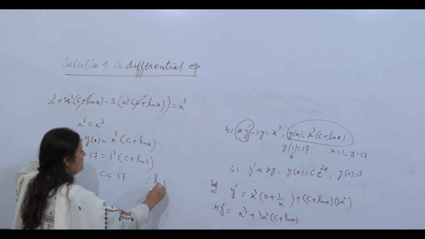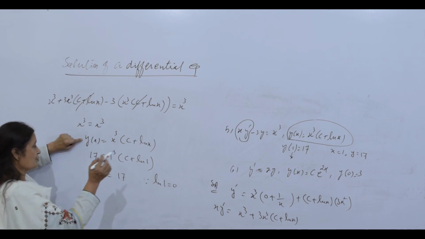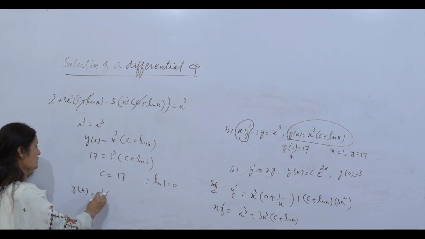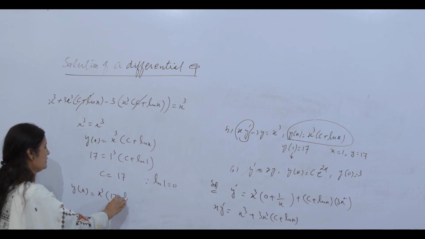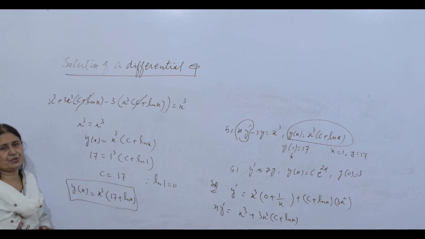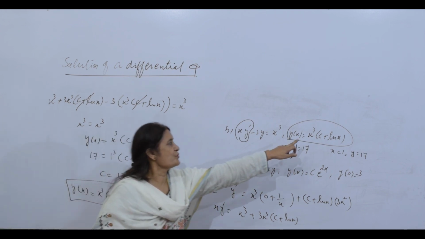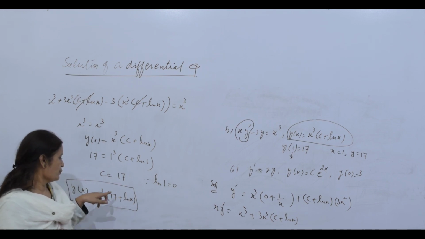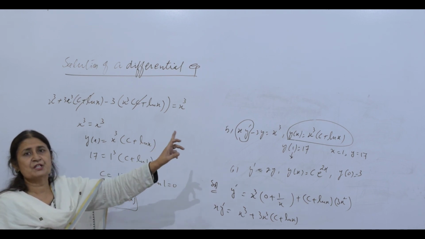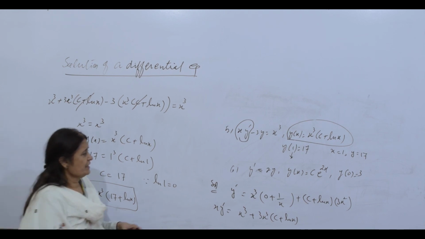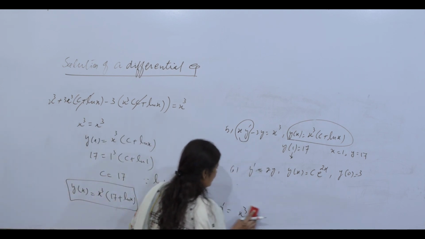So the function is x cube (17 plus ln x). This is the particular solution because we have determined the value of C by applying the condition. If you do not determine C, then this will be the general solution.